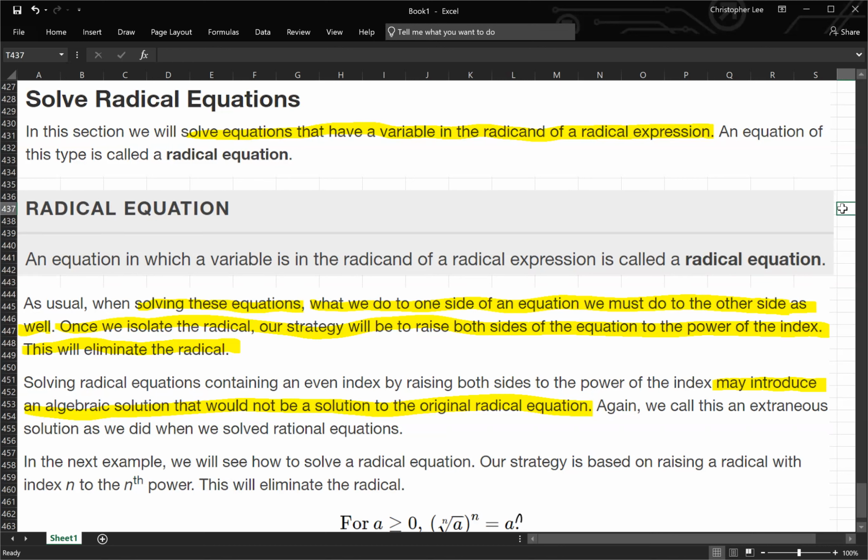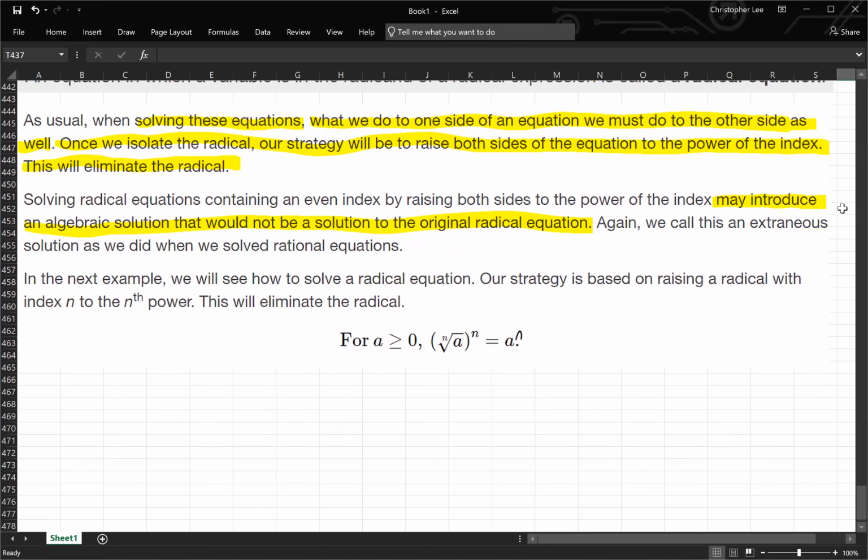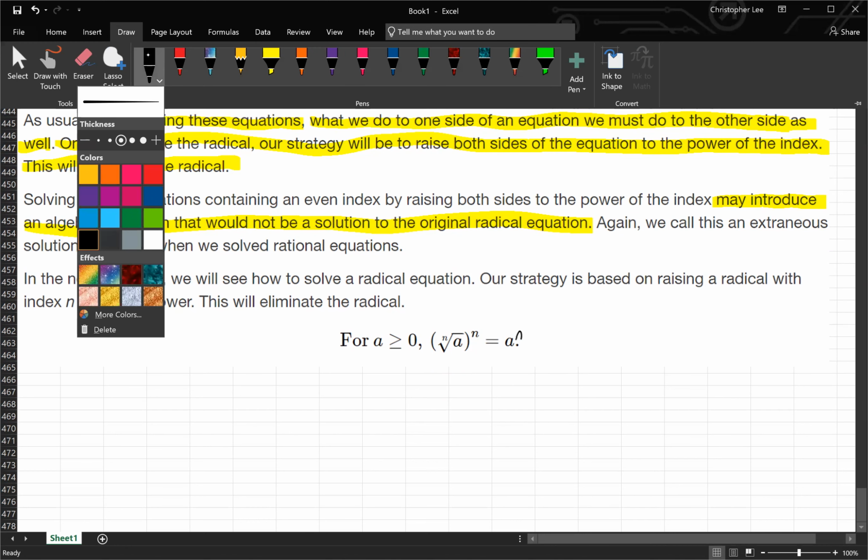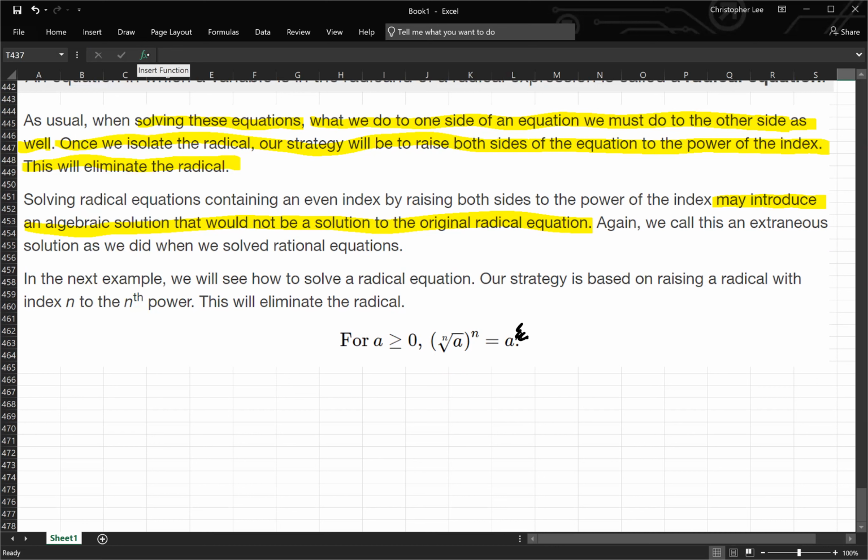So in the next example, we will see how to solve a radical equation. Our strategy is based on raising a radical with index n to the nth power. This will eliminate the radical. So for example, if a is greater than or equal to 0, the nth root of a raised to the nth power cancels out and is just a.